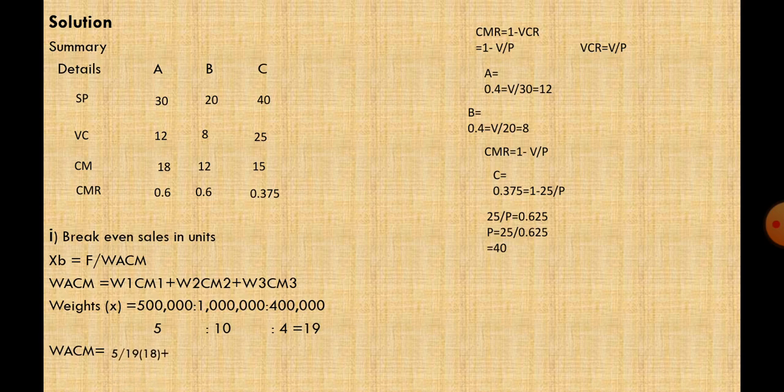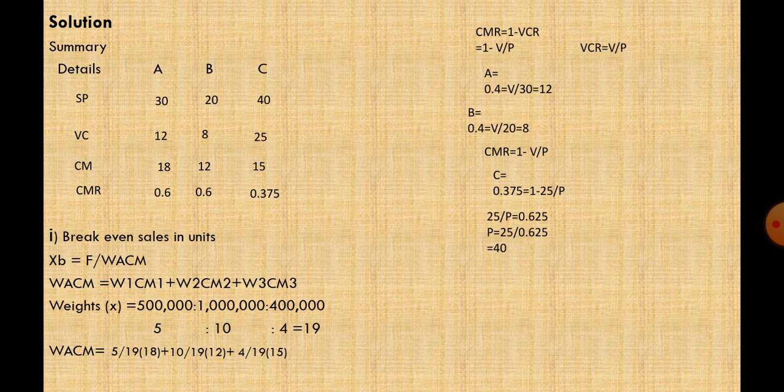Hence we have the weight of A multiplied by its contribution margin, which is 18. The same happens for B, where we have 10 divided by 19, the weight of B, multiplied by the contribution margin, which is 12, plus the weight of C, which is 4 divided by 19, multiplied by the contribution margin, which is 15.